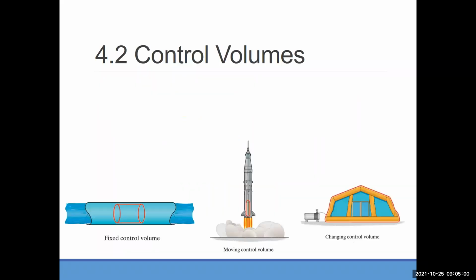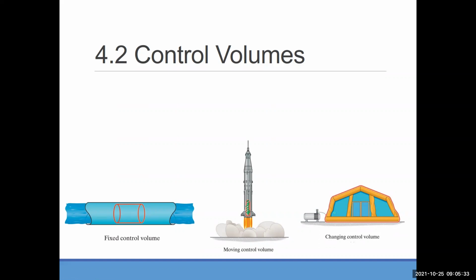But we can have some other types of control volume also. Just think about a rocket. If we are studying a small part of that rocket, that part is fixed, but at the same time, it's not static. It is moving with the rocket with a certain velocity, right? And think about an inflated tube or a balloon.